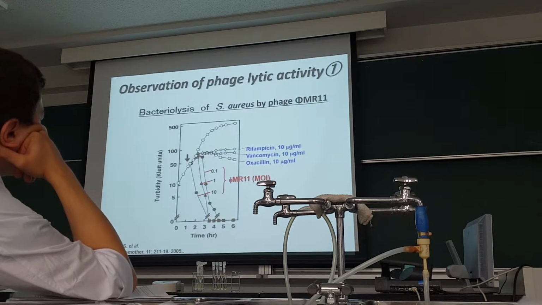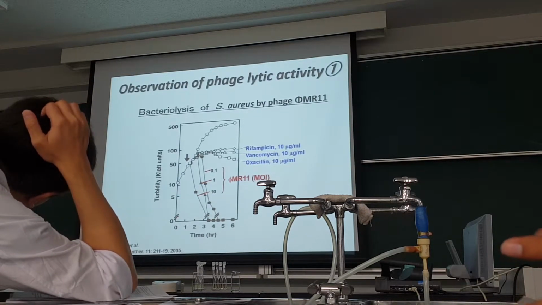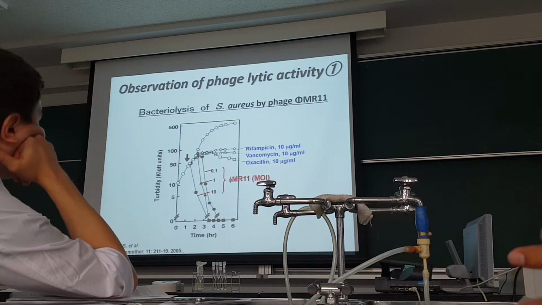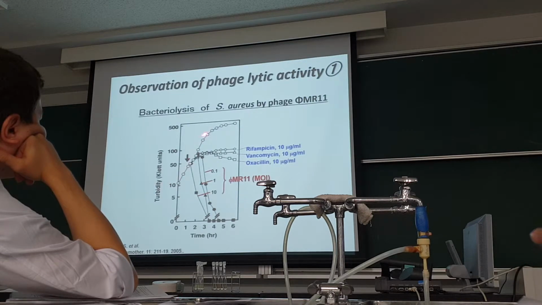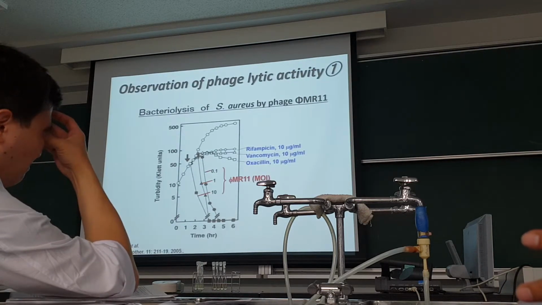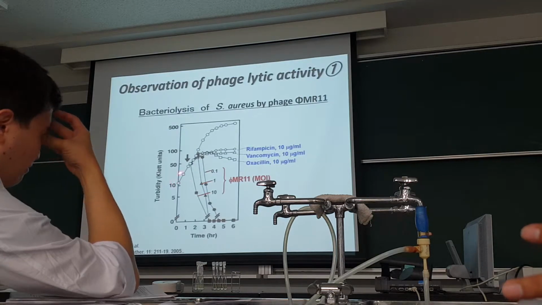And then to teach students, you can differentiate between bactericidal, bacteriostatic, and so on. As you may have noticed, this is a control. We don't add any antimicrobial agents, so the bacteria grow nicely.